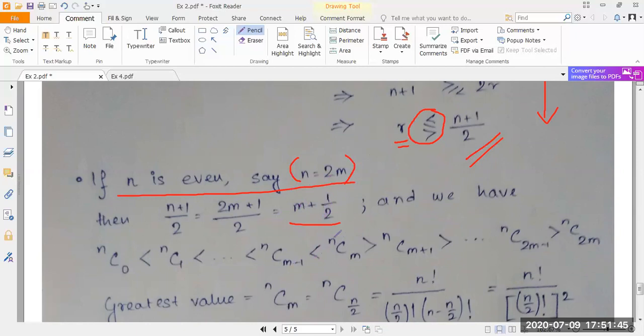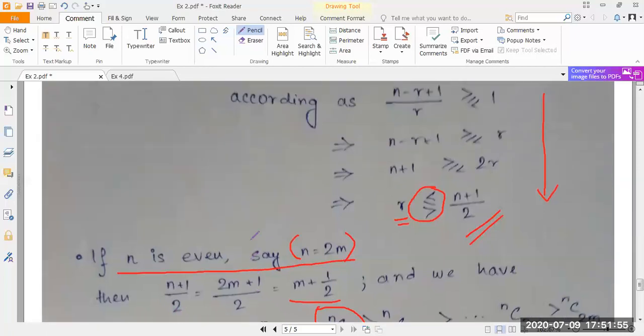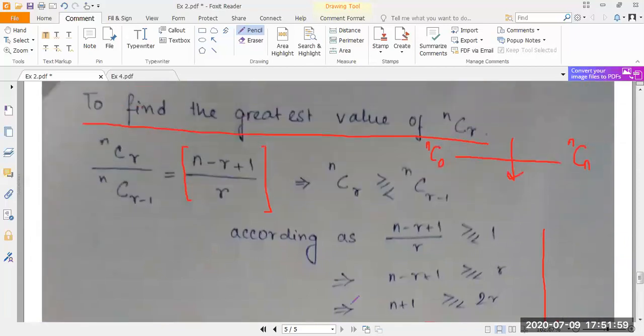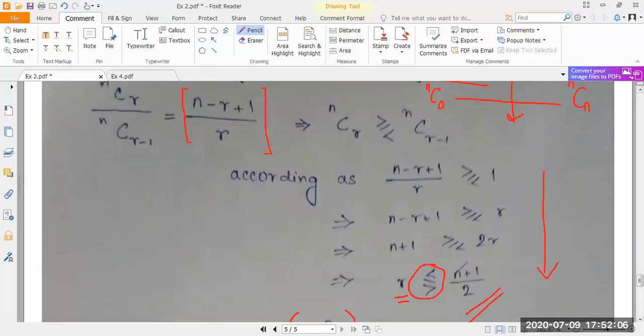So what we have is, till the value NCm is achieved, NC0 will be less than NC1, NC1 will be less than NC2. Because if r is less than m plus half, then NCR minus 1 is less than NCR, because the direction is on the opposite side. So when r is less than this part, then the numerator is greater than the denominator.